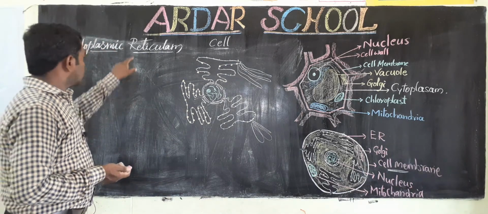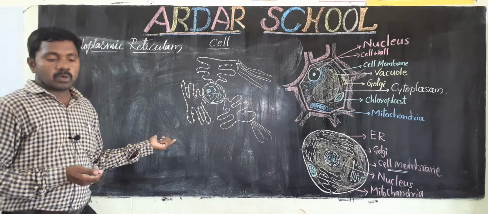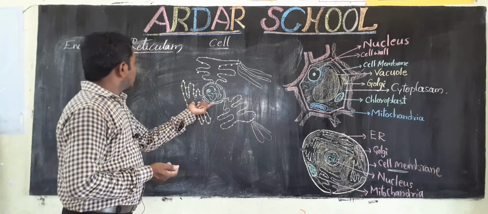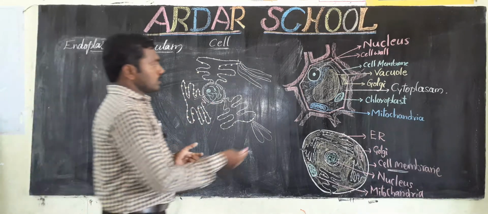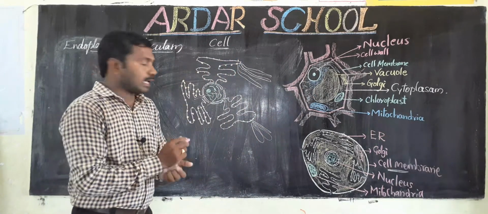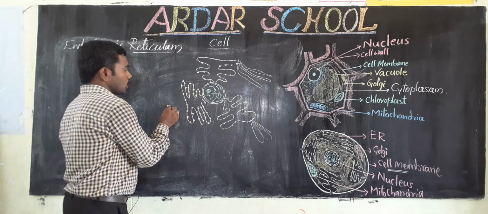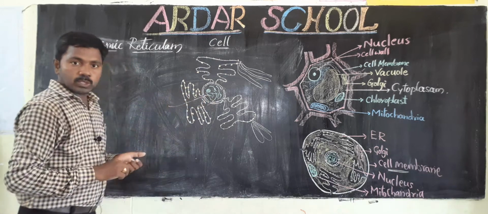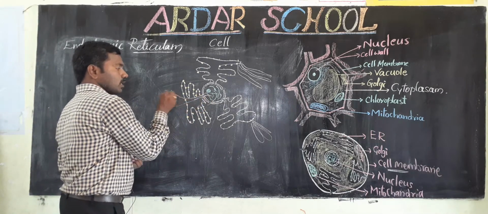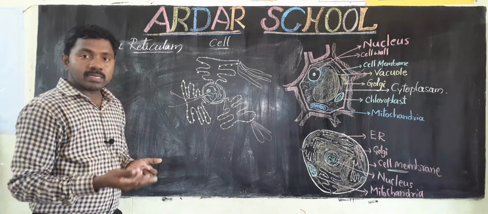Okay children, when we observe under the microscope, we can observe it like this. So what is the main use of the endoplasmic reticulum? It helps transport materials from the cytoplasm to the nucleus, and at the same time from the nucleus to the cytoplasm or other cell organelles.